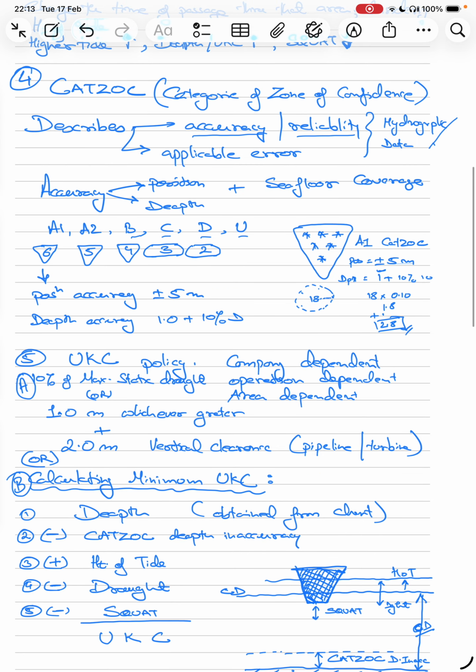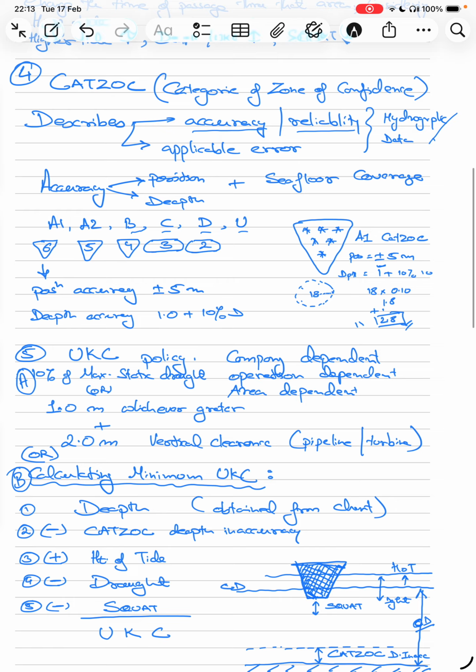The range of depth correction is up to 2.8 meters over here. It can be 18 plus 2.8 or 18 minus 2.8. So like this, for A1 there will be 6 stars, A2 there will be 5 stars, for B 4, then 3, 2, and then it is unspecified.